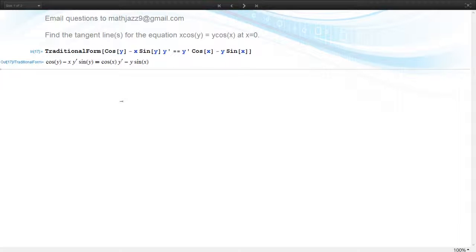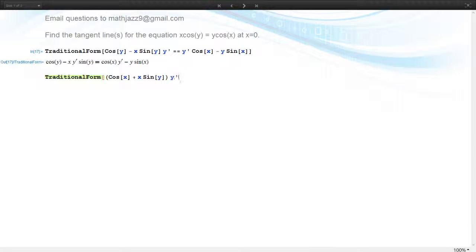Okay, so the next thing we need to do is solve for y prime. So we're going to take everything that has a y prime and stick it on one side of the equation, and everything that does not have a y prime and put it on the other side. So we get cosine of x plus x sine of y, times y prime.